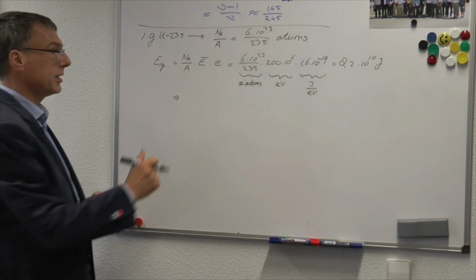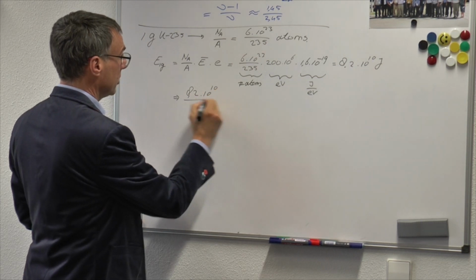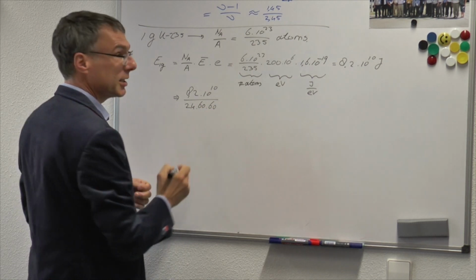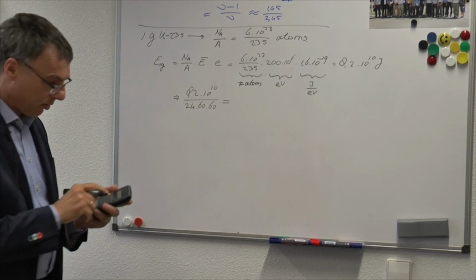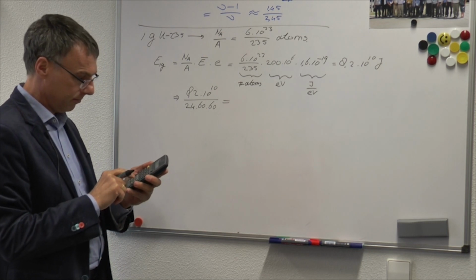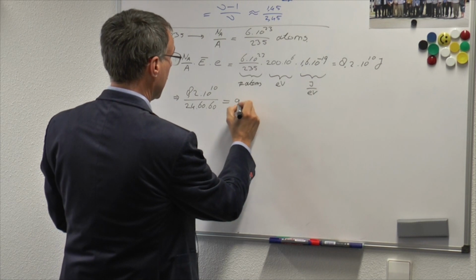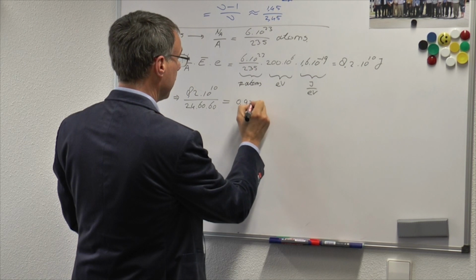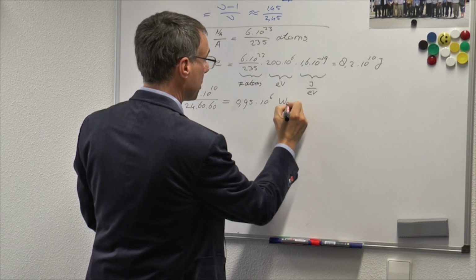So we have to divide this number by the number of seconds in a day. So divided by 24 hours times 60 minutes an hour times 60 seconds a minute. So this is 0.95 times 10 to the 6 watt per day.